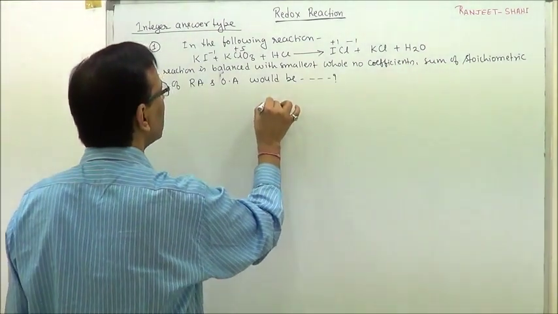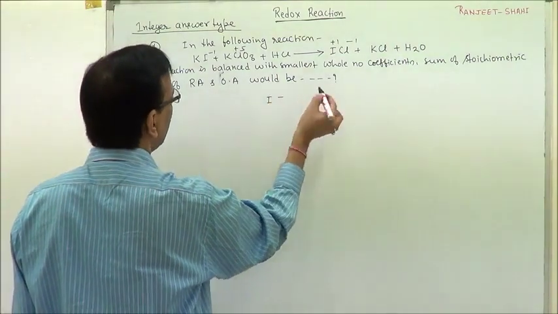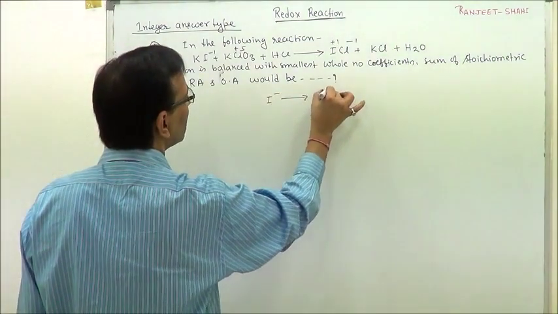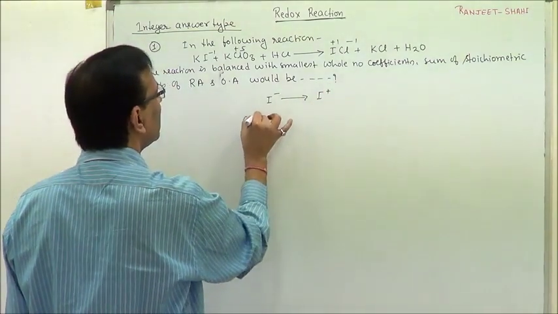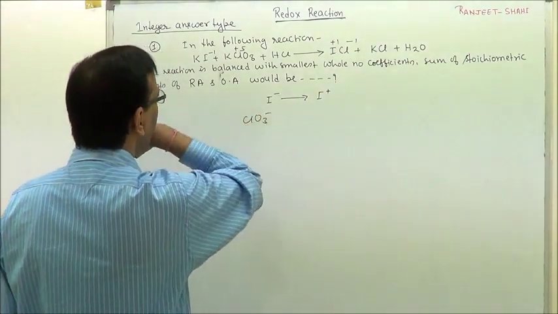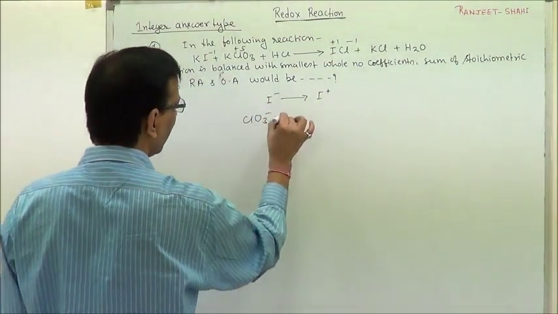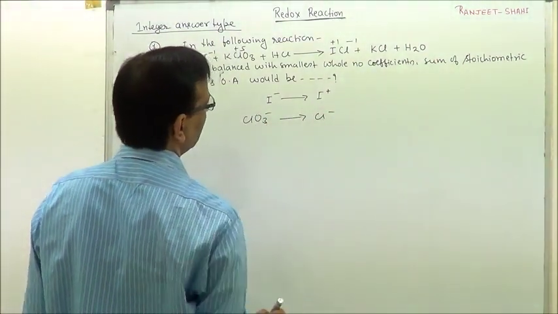So the half reactions are I minus giving I plus, and ClO3 minus giving Cl minus.